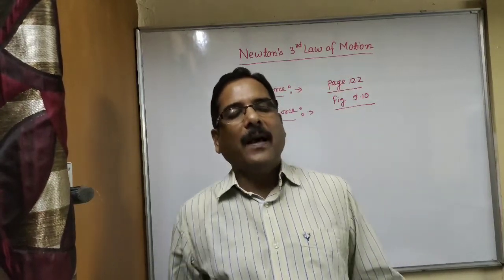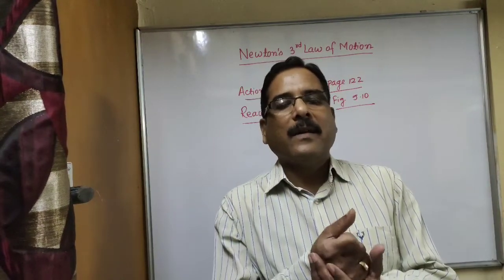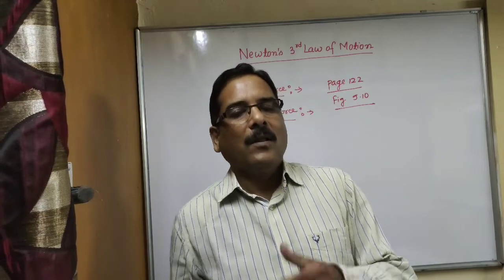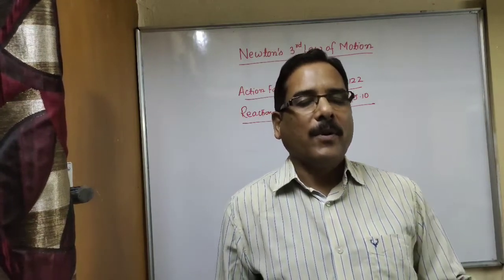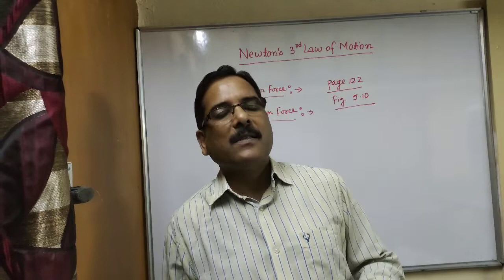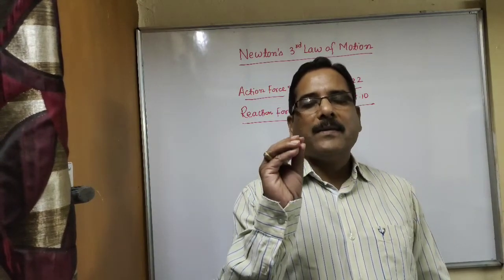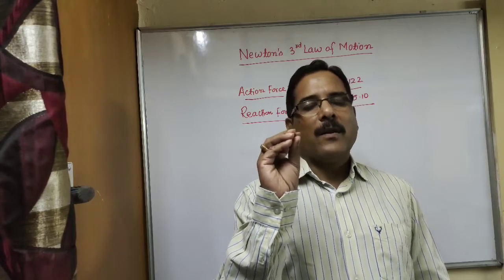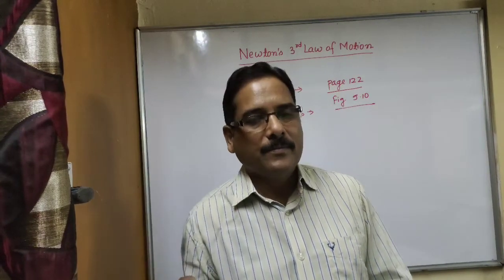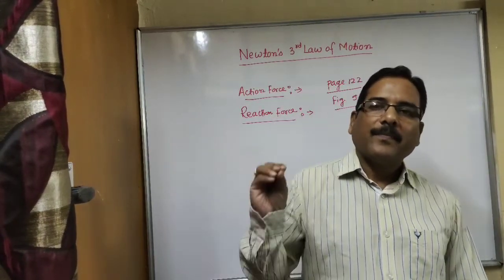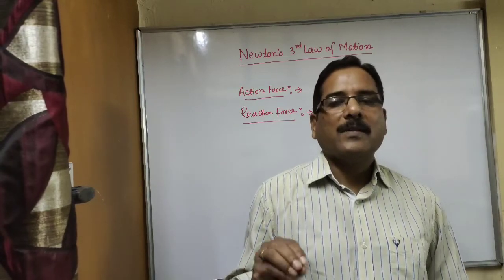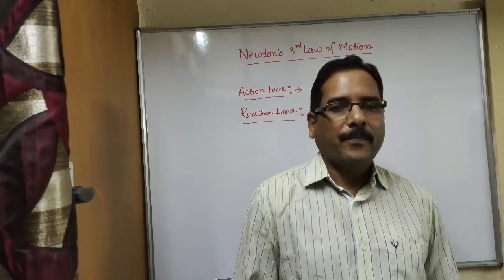So when we press the trigger, the gun exerts a force on the bullet. So this is the action force. And as you know, the mass of the bullet is very small in comparison to the gun. As a result, the same force produces high acceleration in the bullet.